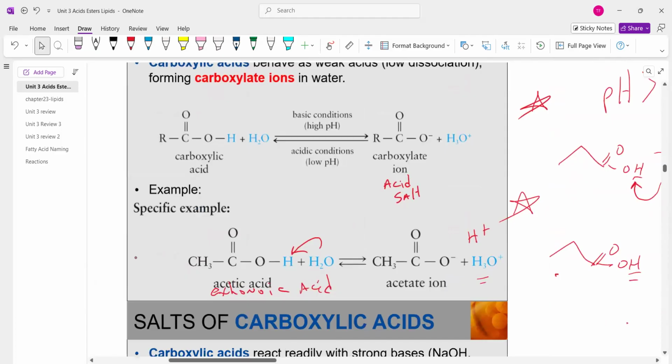An acid in plain water will dissociate, mainly because the water is highly polar and it will tend to pull off that hydrogen.